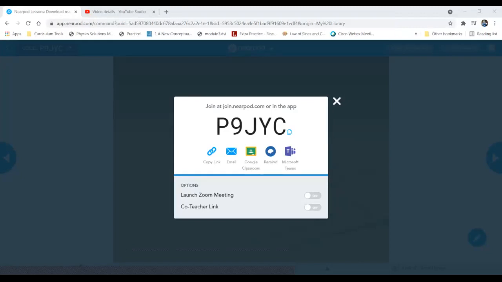So on your computer, even while you're in Zoom, open up a tab, and I want you to go to join.nearpod.com. And then you are going to join a lesson. And that's the code you're going to put in. So if you could do that right now.